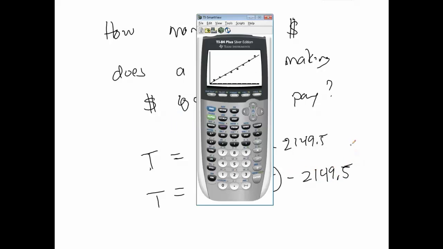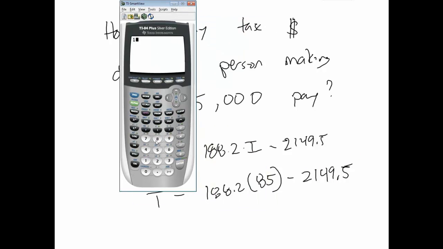I can jump to my calculator and go to my home screen here. Actually, we can save ourselves a little bit of time because remember, our equation is already in the y equals. So it's already there. I can just go to my table. Assuming my table is set up correctly, I can set my table to start at 0 and go up by 5s, or start at 80 and go up by 5s, so that 85 is the second number in the table.